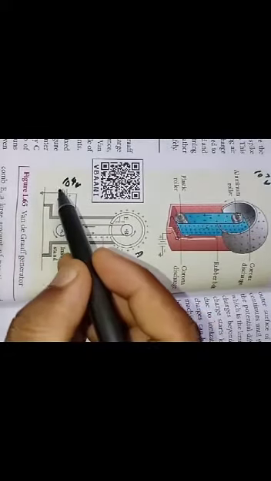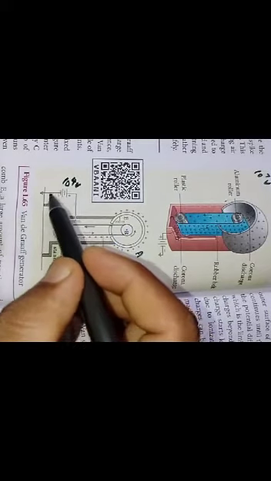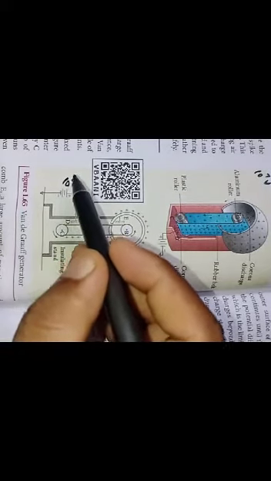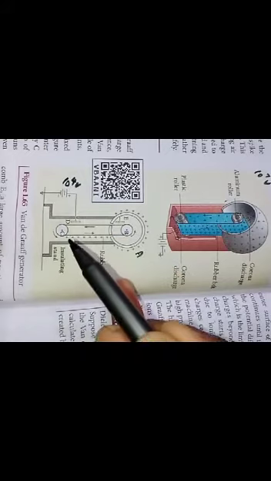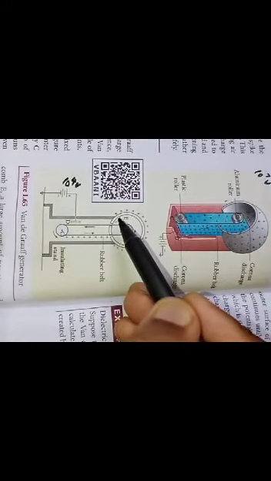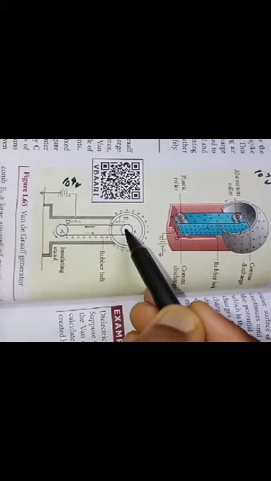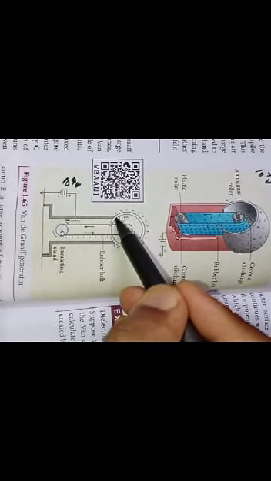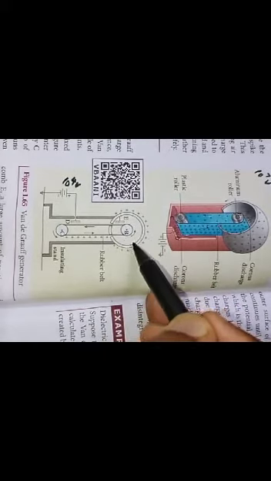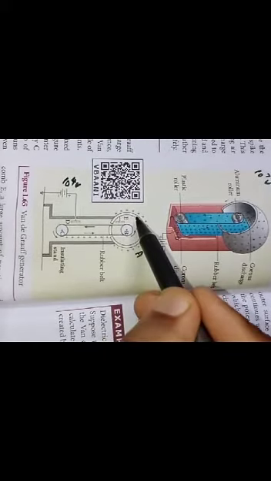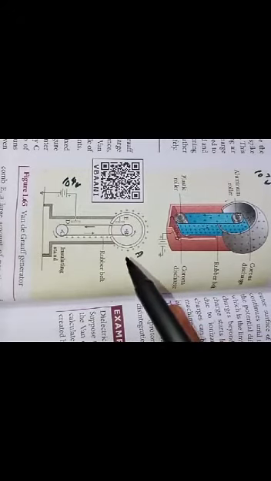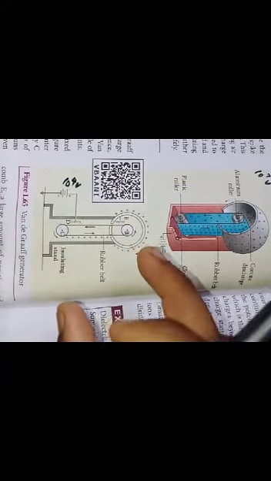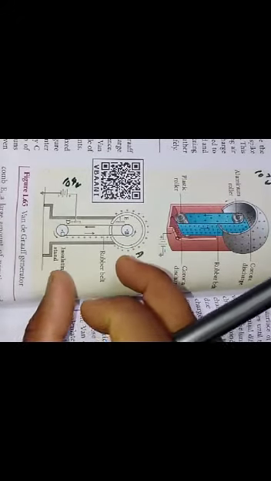The other metallic spike E is placed near the pulley B, and it is connected to the inside of the hollow metallic conductor. These are the construction of the Van de Graaff generator.